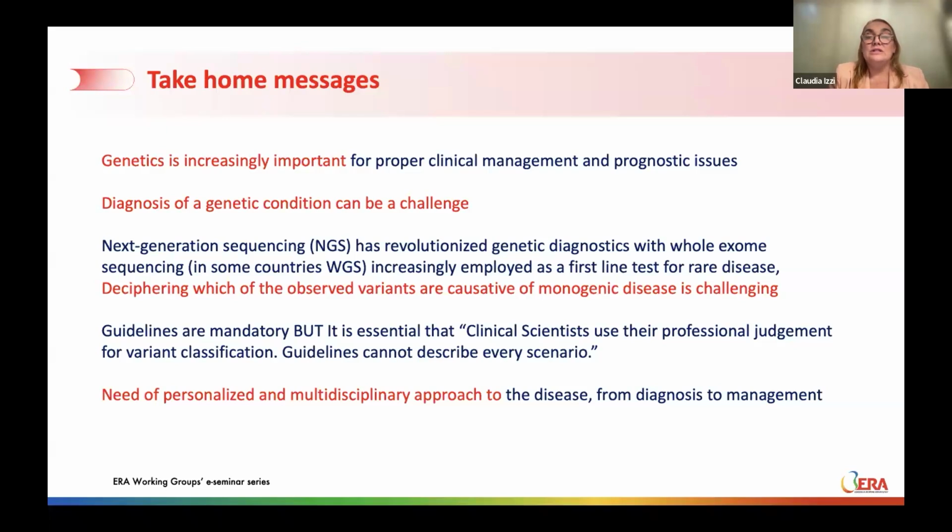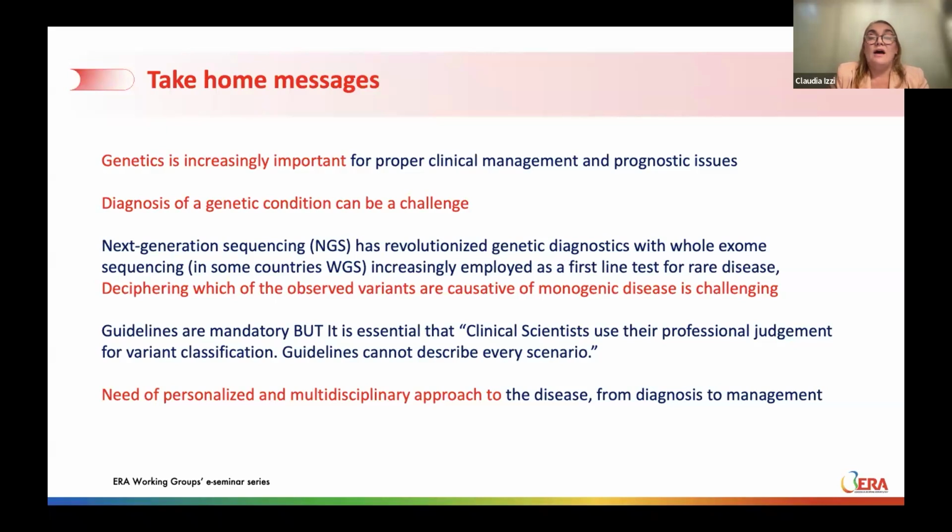And diagnosis can be challenging, a diagnosis of a genetic condition, but next generation sequencing has changed our genetic diagnostic workup. What is important is the deciphering of the observed variant and its interpretation.